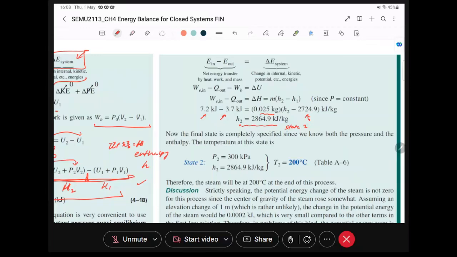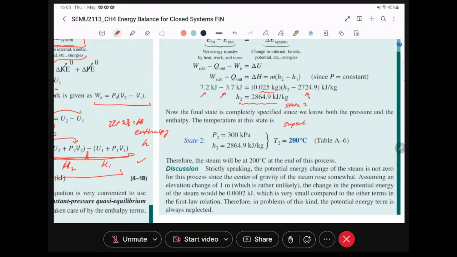then we can refer to the superheated table, or table A6 in your textbook. In this case, I strongly suggest you, I think I did put it in the share folder, so refer to the textbook. You have the superheated table for water.